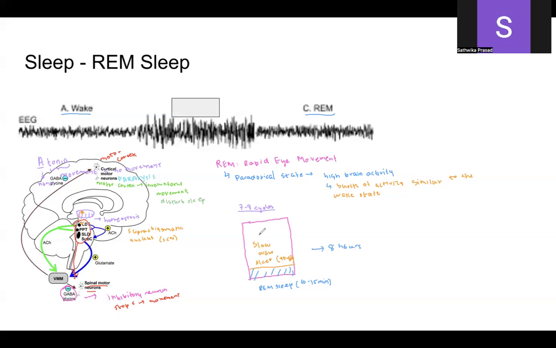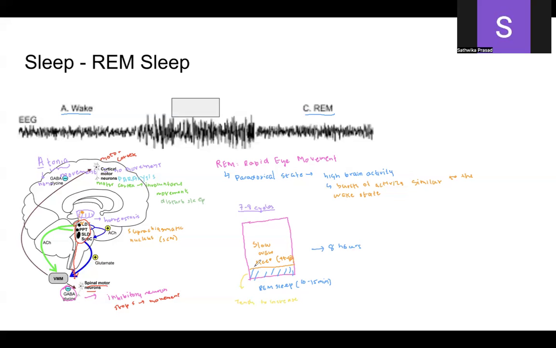And the reason for this is that actually, as morning approaches or as you start to wake up, your REM sleep tends to increase in duration, right?